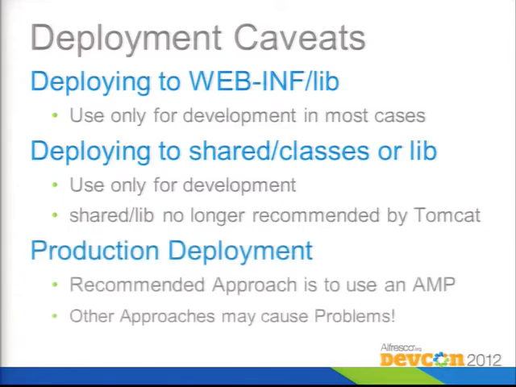If you don't do that, you can have problems later if the AMP file gets re-extracted for any reason. You'll lose those files unless they're deployed into shared. But you'll lose ones that are deployed into the lib directory, and you don't want that to happen unless you've actually got a procedure to handle that.